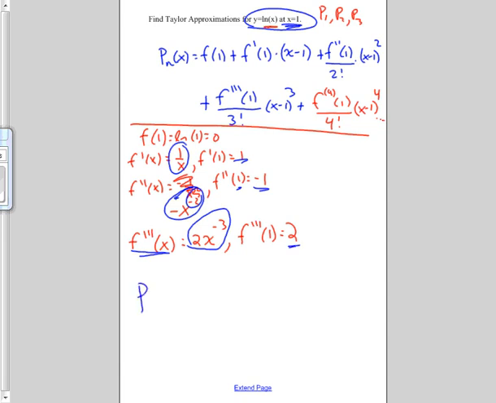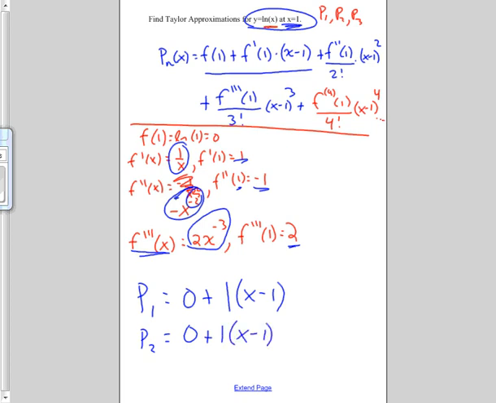Okay, so P1 is going to be equal to f of 1, well, f of 1 is 0, plus f prime of 1 is 1 times x minus 1. That's P1. P2 will equal all of that plus this additional component.